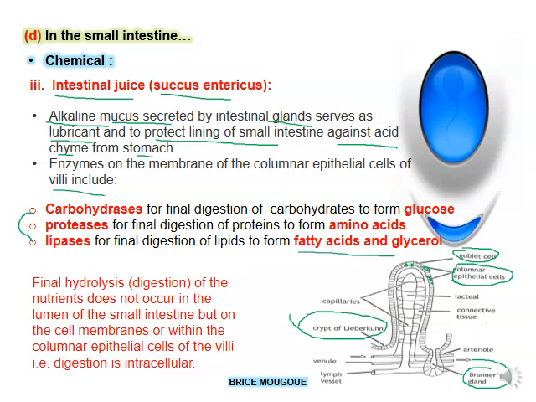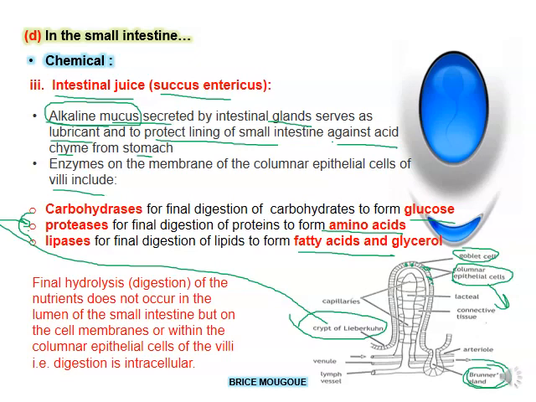We've seen their final breakdown products already. In the past, it was believed that the glands, the Brunner's glands and the crypt of Lieberkühn, were involved in producing these enzymes. But now it has been known that these glands don't produce any enzymes at all. They only produce the alkaline mucus. That's all they produce. But these enzymes are only produced by the columnar epithelial cells that form part of the villi.